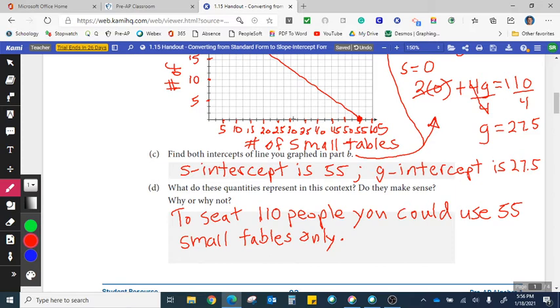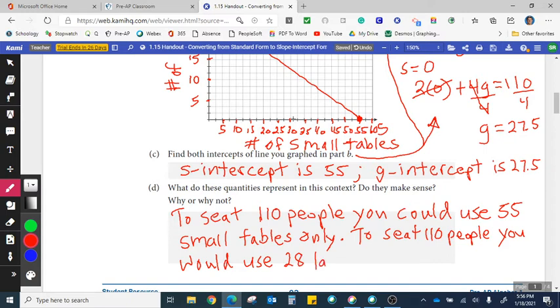Now I'm doing it the other way, for the large tables. To seat 110 people, you would use 28 large tables. Do they make sense?